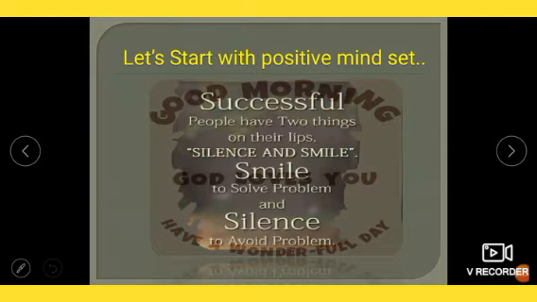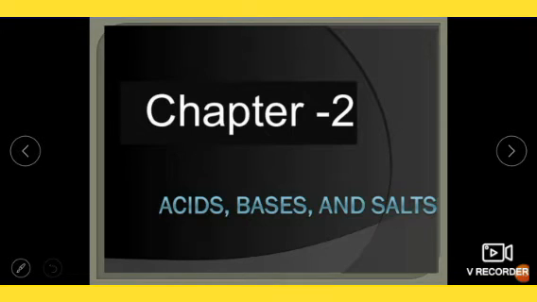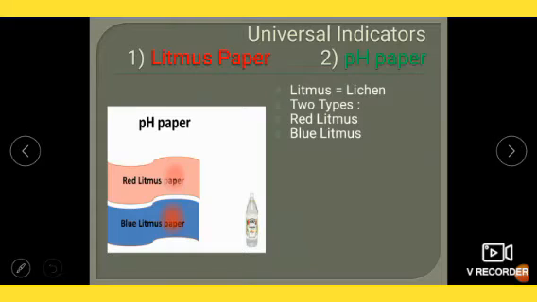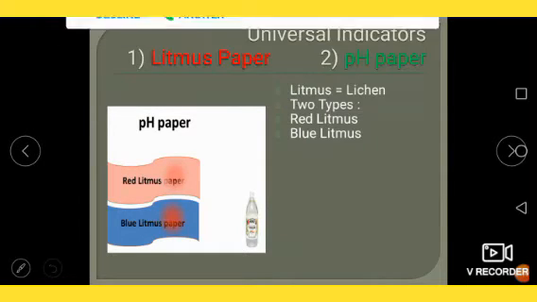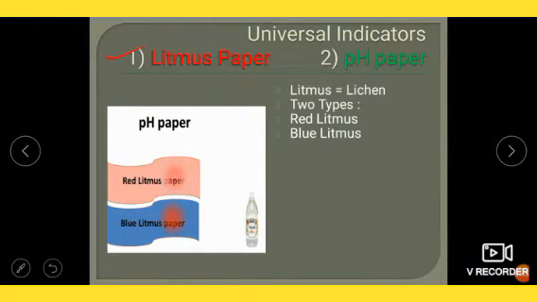So as we are doing our chapter Acids, Bases and Salts, we have already done universal indicators. Basically there are two types of universal indicators: litmus and pH paper. Litmus is made from lichen, a natural extract present on rocky sites.